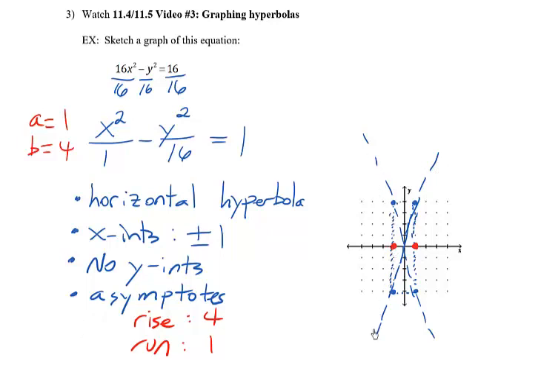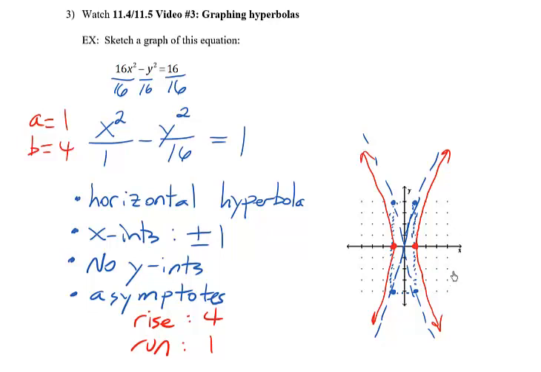Remember, the graph follows the asymptotes as x gets really, really large, positively or negatively. And so my final answer is this red solid graph. Everything else that's there, everything I did in blue, is just there to sort of support the final answer and help me figure out what it is. But the red graph is the hyperbola.